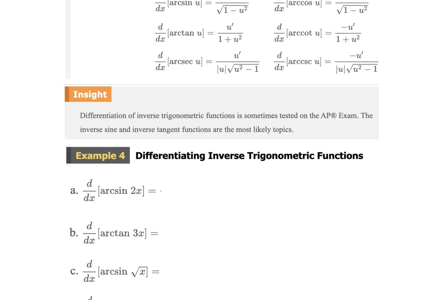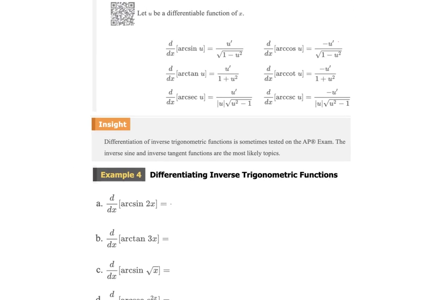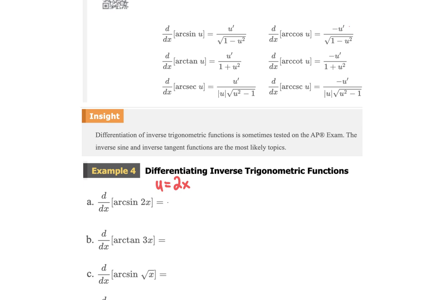So example 4, the derivative of arc sine of 2x. What I really want to do is identify our u. Our u is 2x. I'm just going to reference this formula up here. Again, the derivative of that inner function is 2 over the square root of 1 minus u squared.